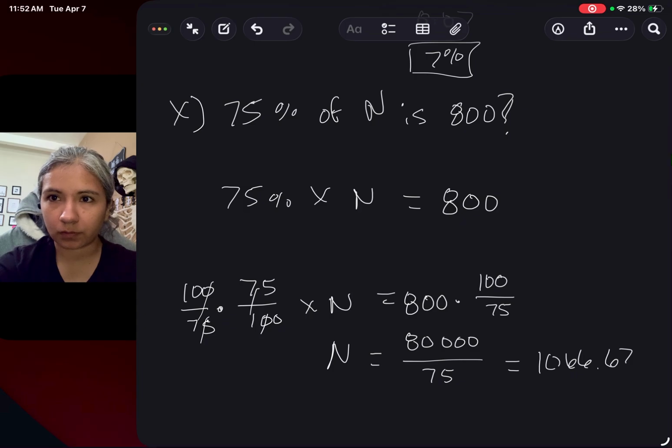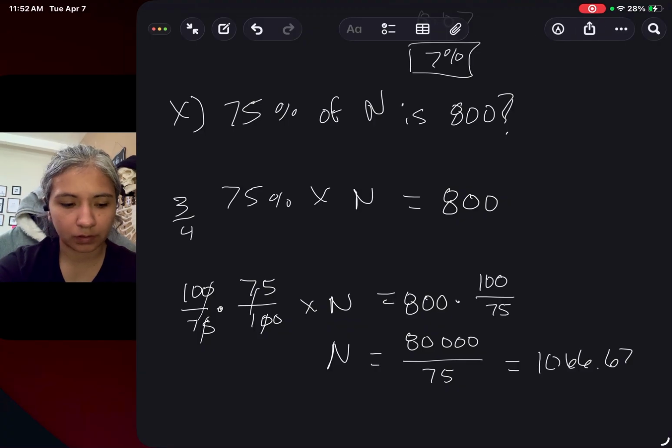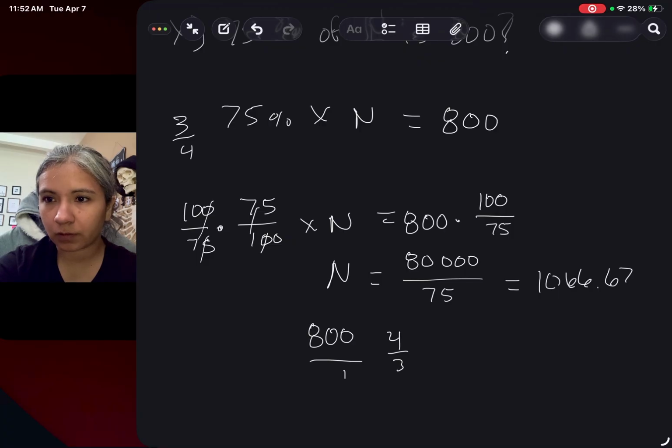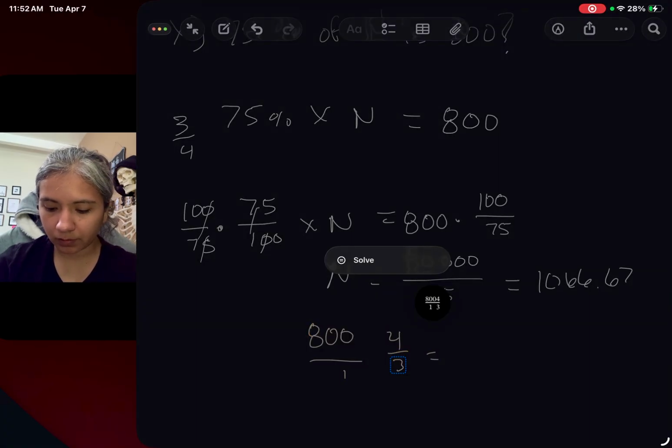We could have also, instead of using this percent, converted it into a fraction, 3/4. So it would have been 800 times 4/3, right? 800 times 4 is 3,200.